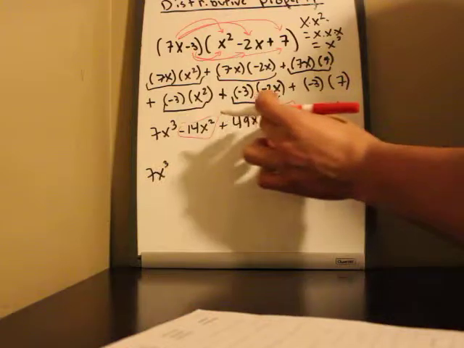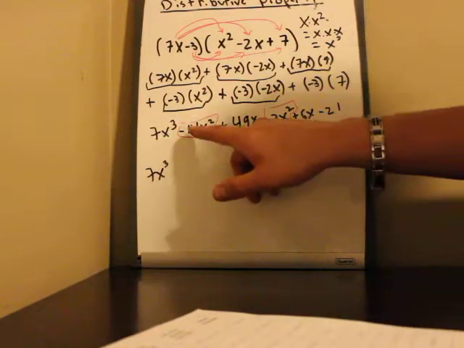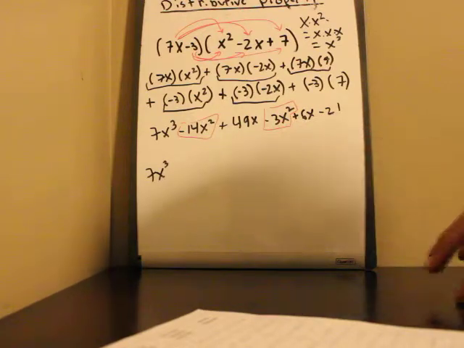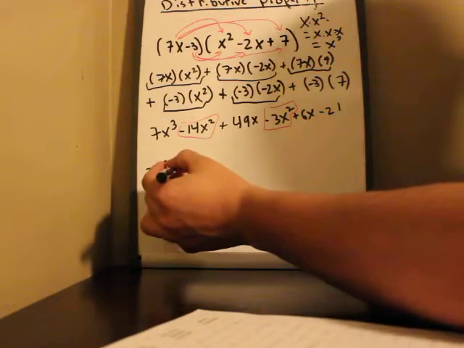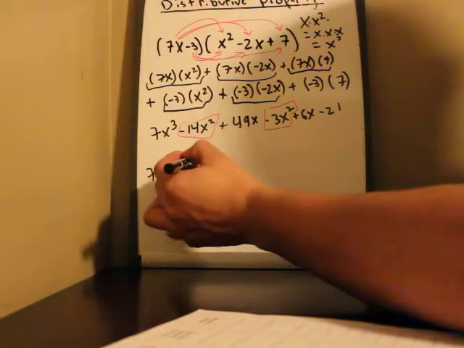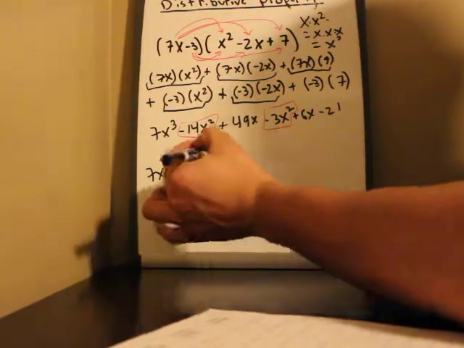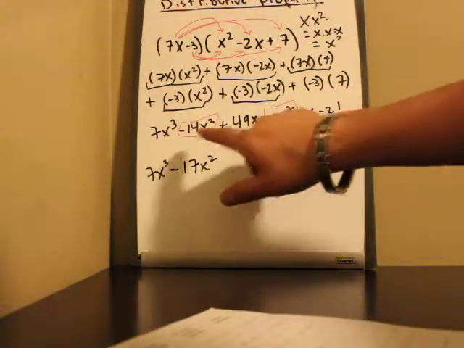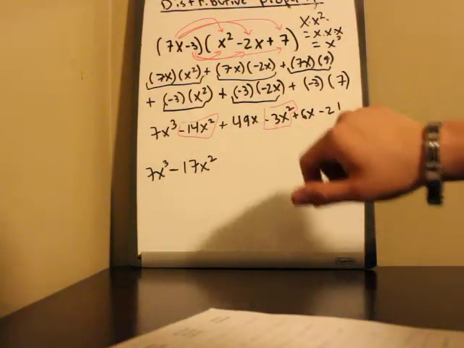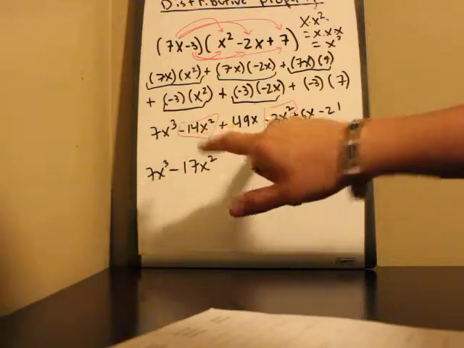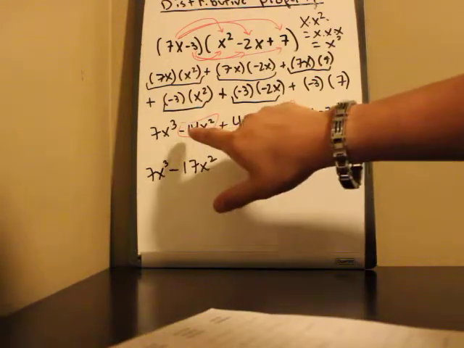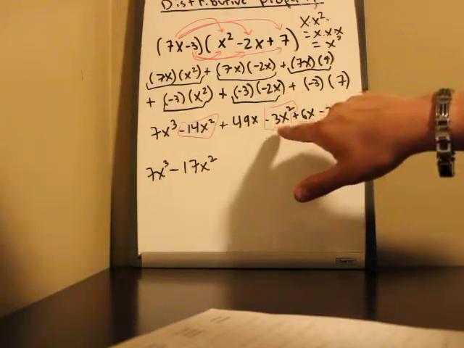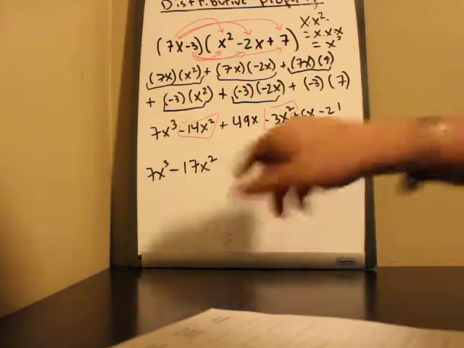Since they're like terms, I can combine them. Negative 14 plus negative 3 is negative 17, remember they're being multiplied by the x squared. Negative 14x squared minus 3x squared is negative 17x squared.